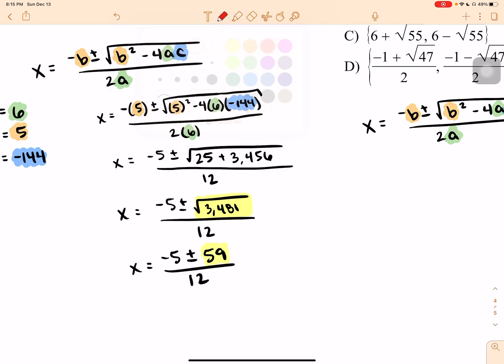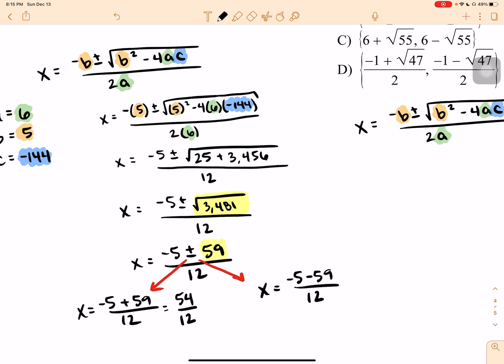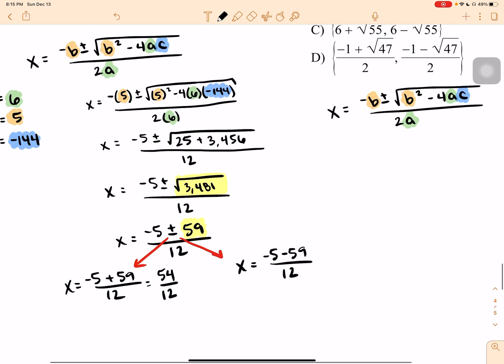So now I've got to split up that plus and minus to actually solve for my x values. So I'm going to have x equals -5 plus 59 all over 12, and x equals -5 minus 59 all over 12. Okay, so this is going to be 54 over 12. If you were to divide top and bottom, I believe they're both divisible by 6.